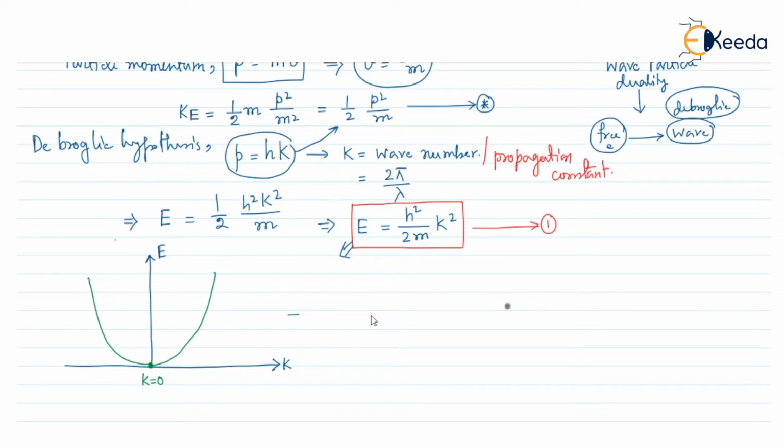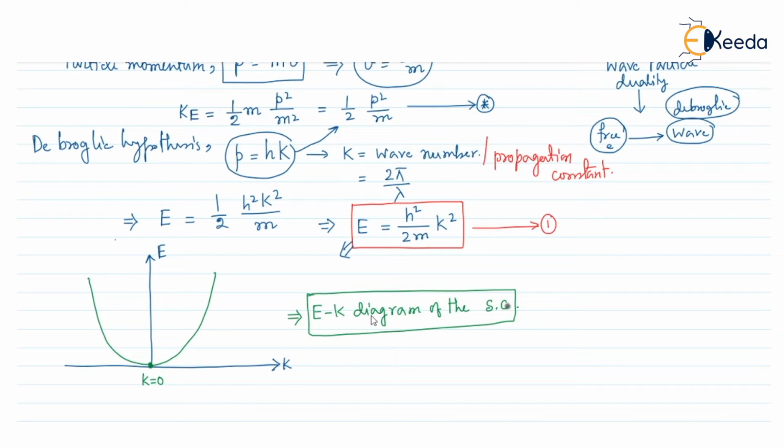So this graph is called the E-k diagram of the semiconductor. In every semiconductor we can draw this E-k diagram, where k is the wave number of the wave associated with the particle and E is the kinetic energy of the charge carriers.